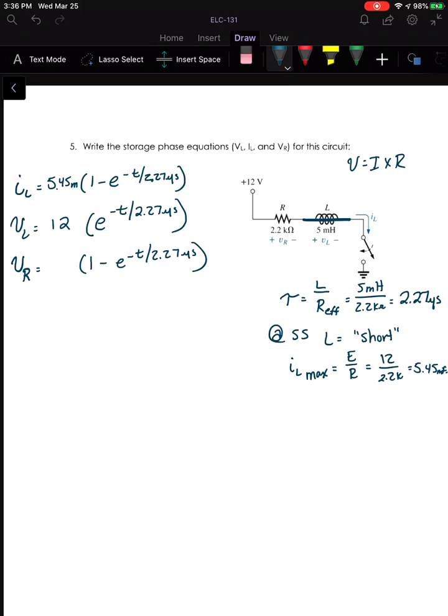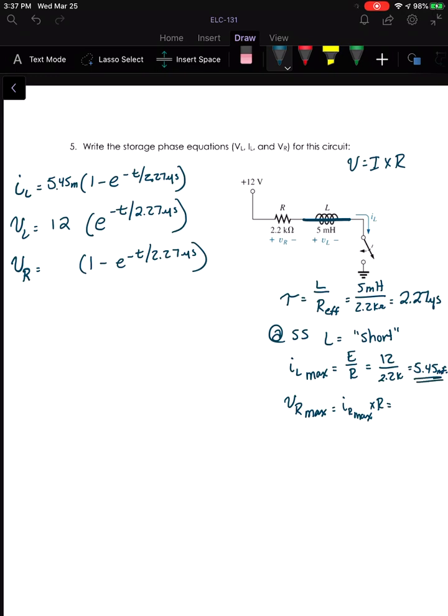So again, once we get to the steady state here, our current goes through R. So let me calculate this down here. So the maximum voltage is at steady state, and that's going to be IR max times R, right?